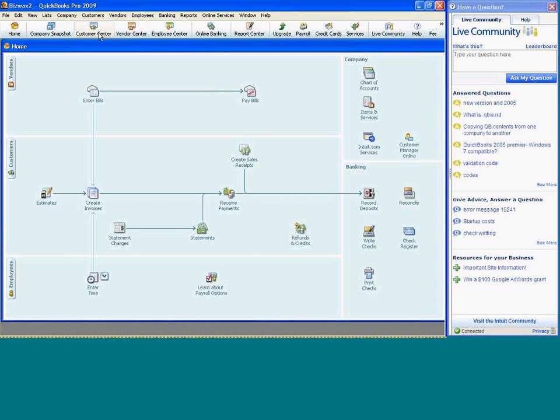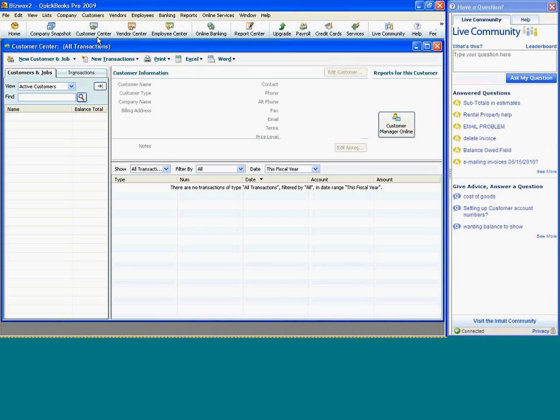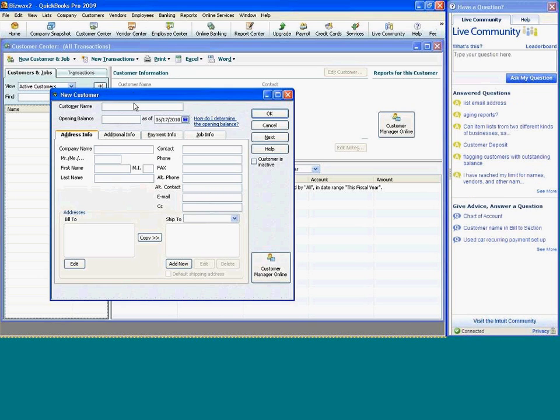the customers. So let us say customer center, and we'll say new customer and a job. So the customer's name we'll say is the OU, and the opening balance was 0, and we'll say that started also on January 1st.